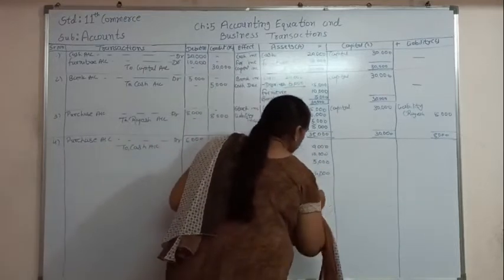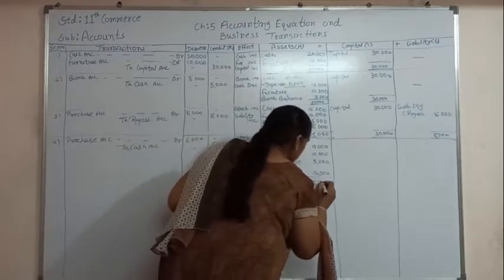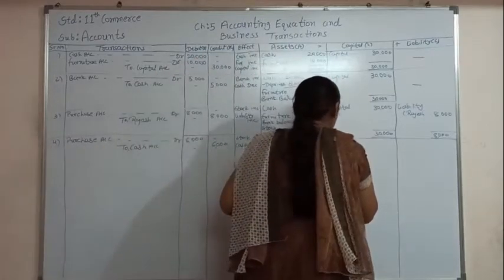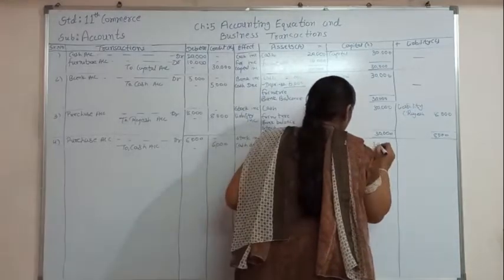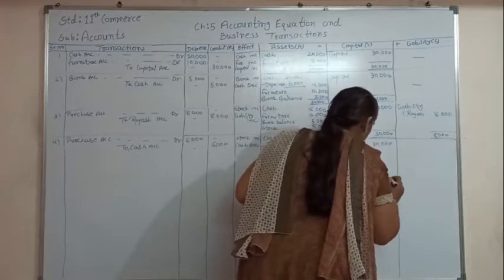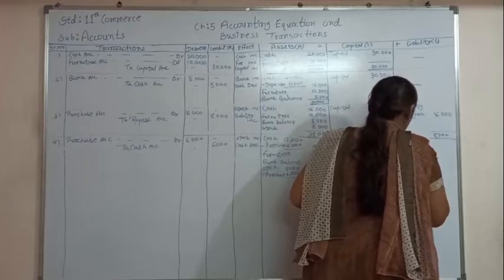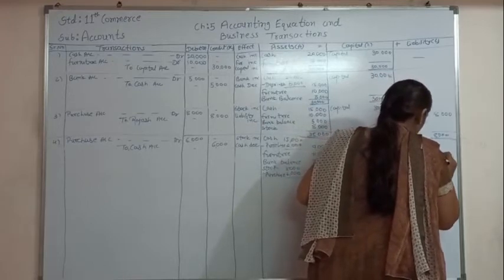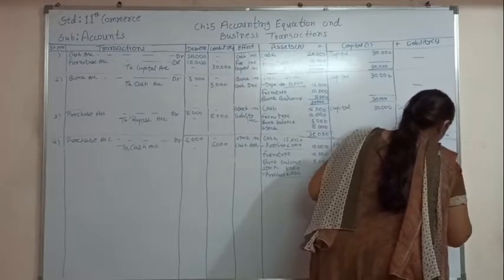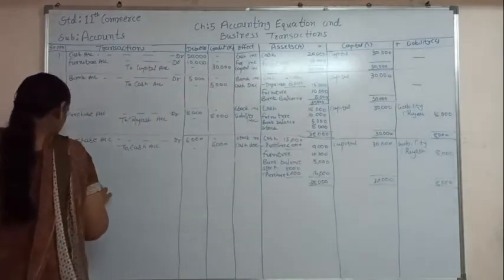Again it will be 38,000 because 6,000 is deducted from here and it is added to this account. So that will be 38,000 and capital is 30,000. So that we are going to continue 30,000. And liability of Rajesh, that will be 8,000. So that 8,000 we are going to continue. So here our transaction number 4 is finished.